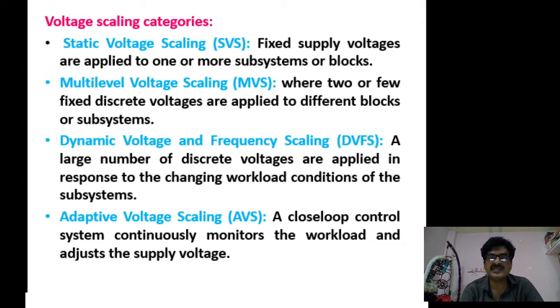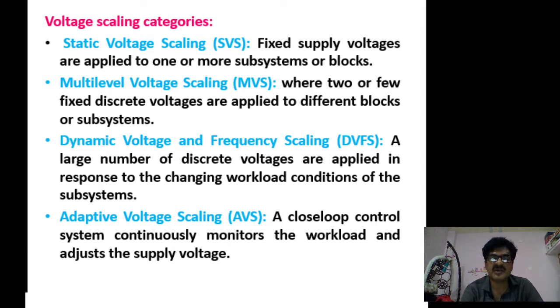Another technique is dynamic voltage and frequency scaling. Here, the different subsystems work at different voltages, but those voltages are not fixed. The voltage depends on the work done by that subsystem. Another technique is adaptive voltage scaling. Here, we have a feedback system or closed loop control system.